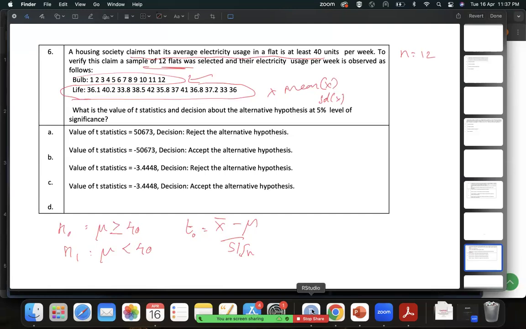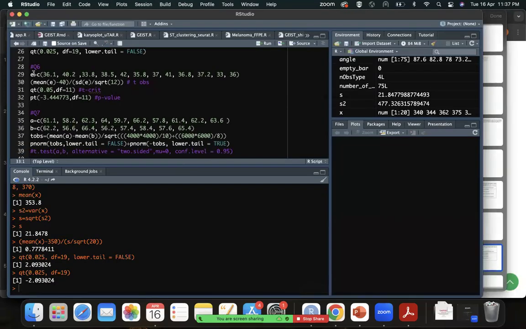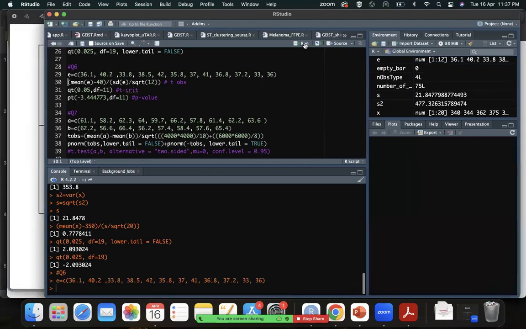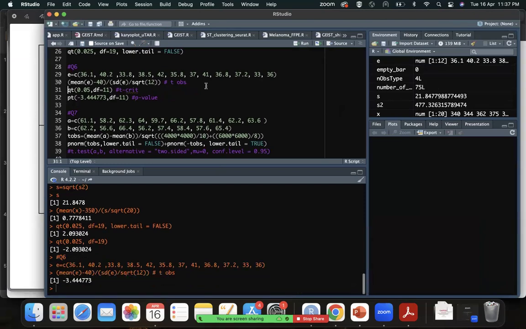So with R, let us do it. I have all this here. You can see my R, right? So T observed is mean minus 40.